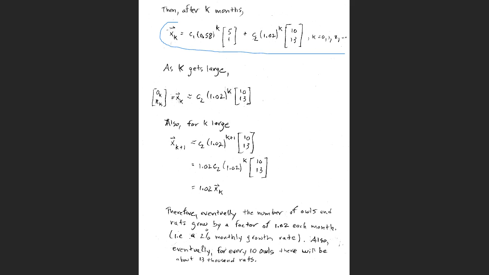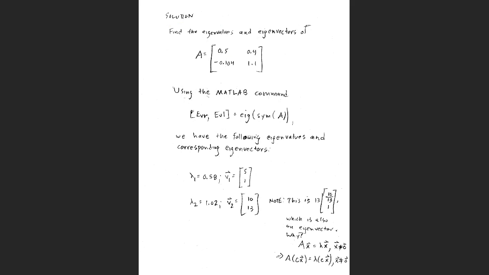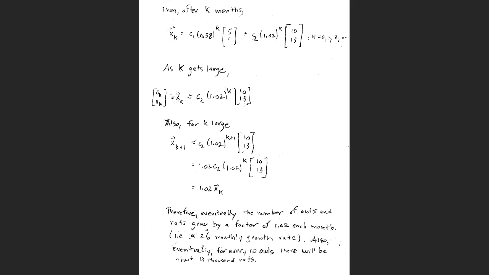So after k months, the population x sub k, which remember stands for the population of owls and rats in the kth month, is going to be equal to this linear combination of the eigenvectors, where k goes from 0, 1, 2, and so forth.